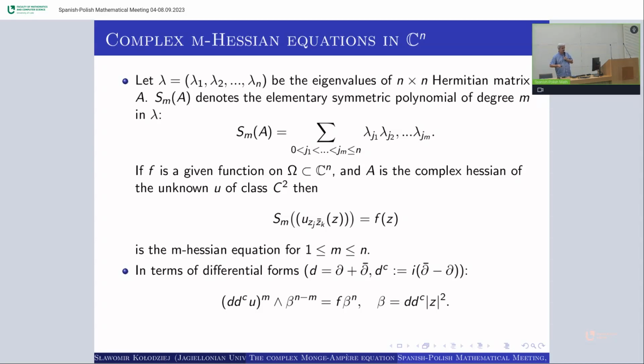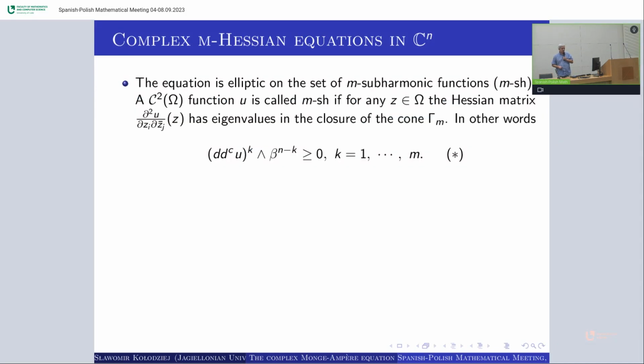So beta to the power n is just a volume form. And this equation is elliptic if we restrict ourselves to functions with eigenvalues in the closure of the cone gamma n defined on the first slide.